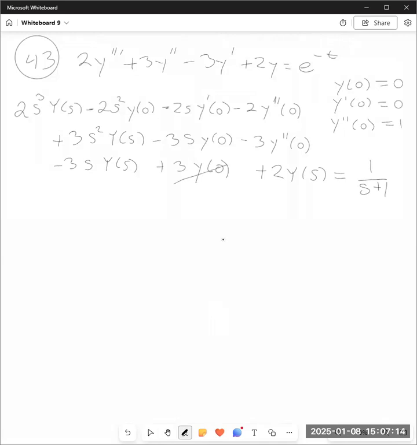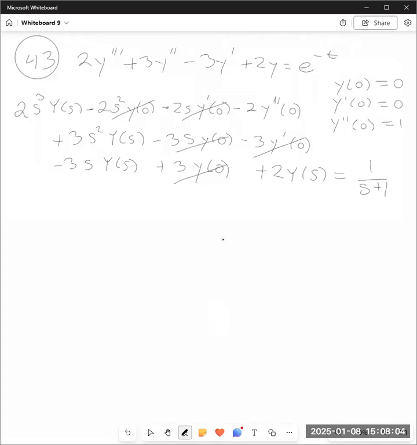And the y of 0 terms are 0. And the y prime terms are 0. And y double prime is 1.